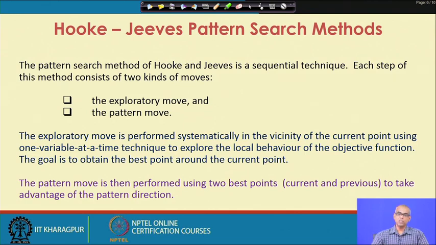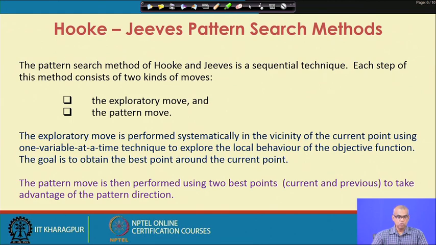If the exploratory move is successful, the next will be a pattern move. The pattern move is then performed using two best points, the current best point and the best point in the previous iterations, to take advantage of the pattern direction. We have just seen that if we search along the pattern direction, there is a much higher probability that we will converge to the optimum point more quickly.